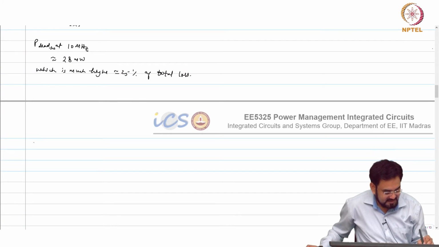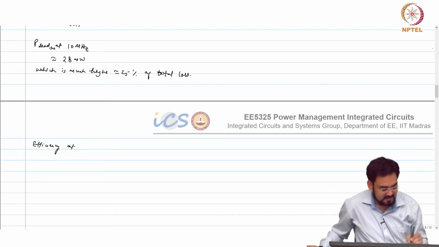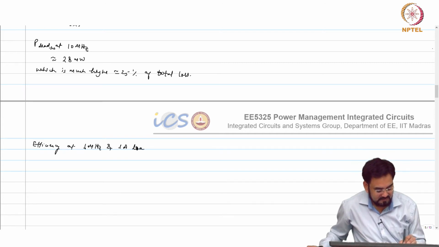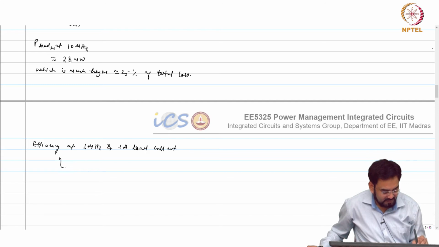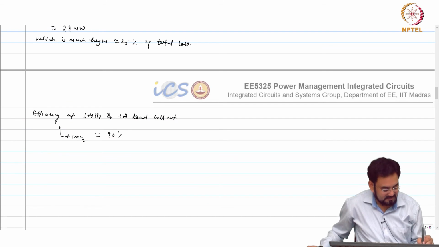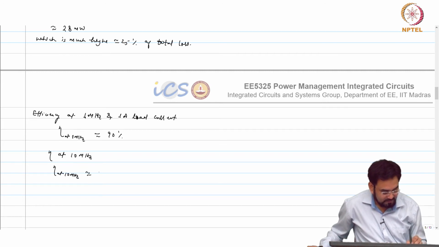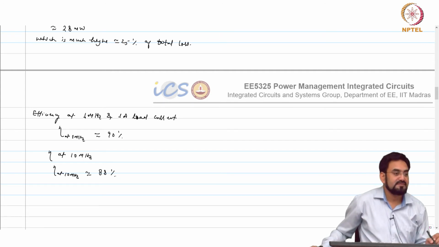So, your efficiency at 1 megahertz and 1 amp load current, I will say, is approximately 90%, and efficiency at the other point is as shown.